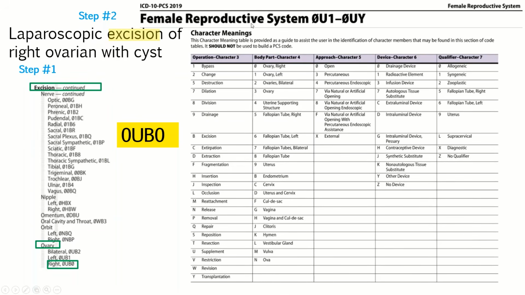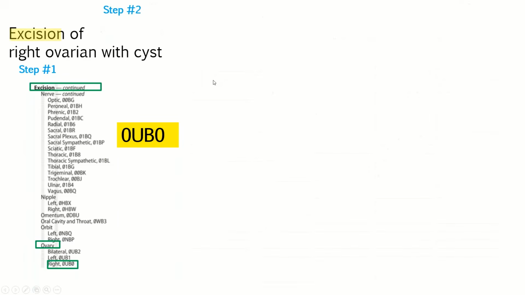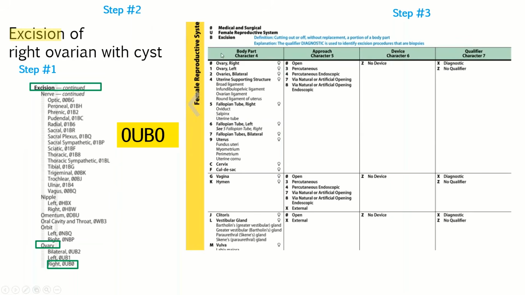Well, we're in the female reproductive system, but this is not the table. This is the character meanings table. This isn't the specific table that we need. We need to go find the 0UB table. So behind this page, in alphanumeric order, we will find 0UB. So our step 2 is to find that corresponding table.